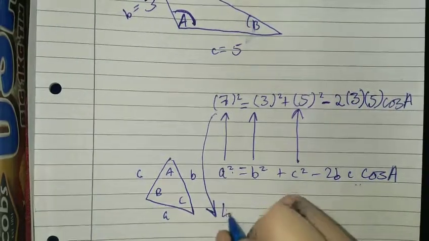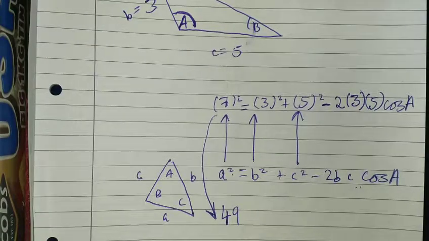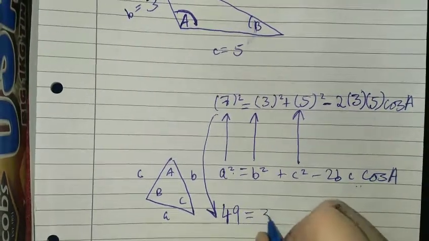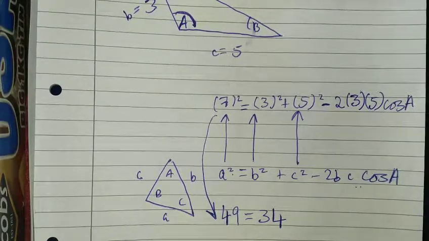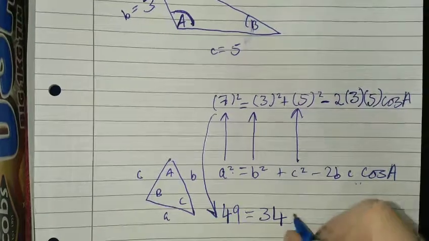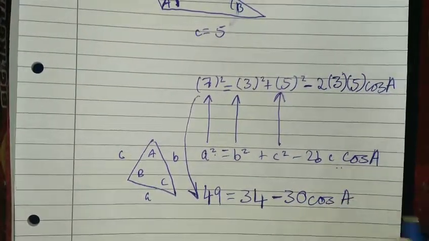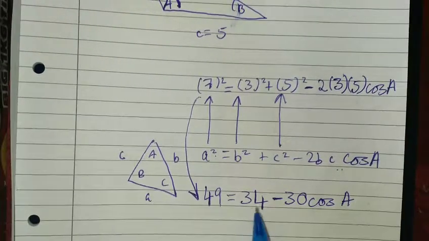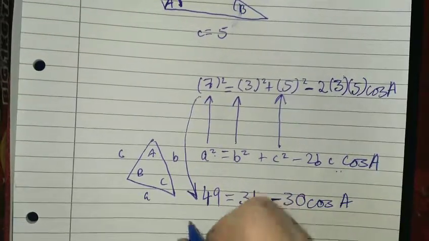So 7 squared is 49, 3 squared is 9. That's going to be 9 plus 25, so that gives me 34. And then 2 by 3 by 5, so that gives me minus 30 cos A. So now I have to rearrange it to get cos A by itself. So what I might do firstly is subtract 34 from both sides.